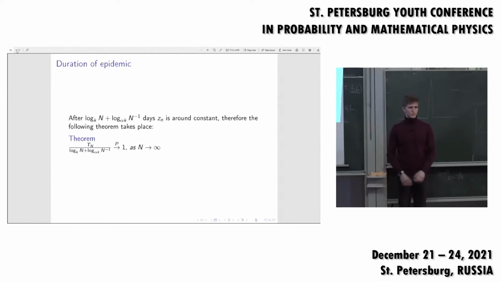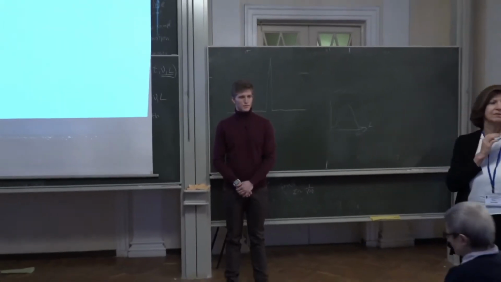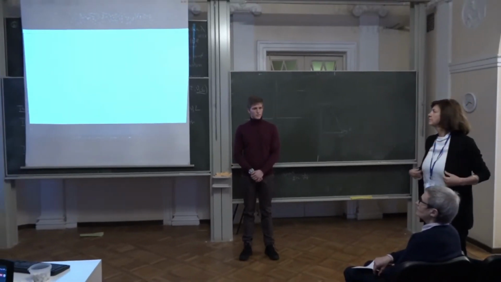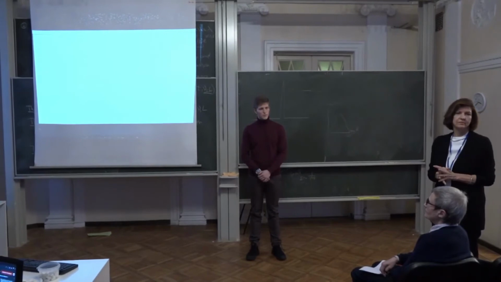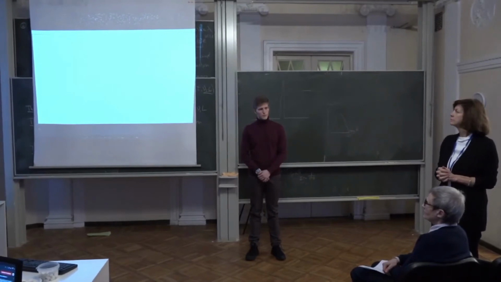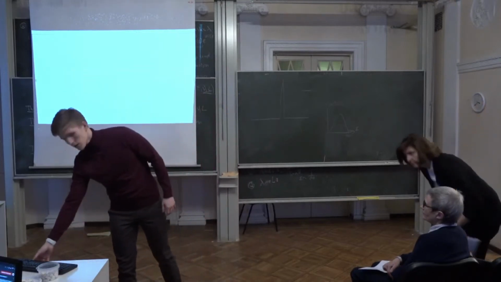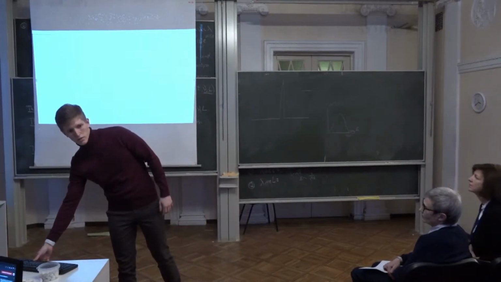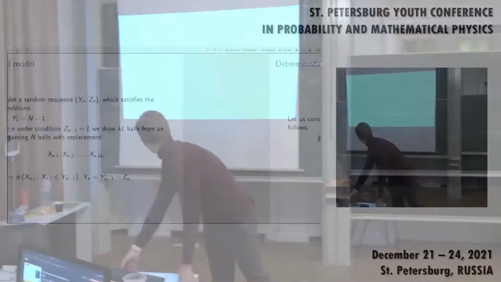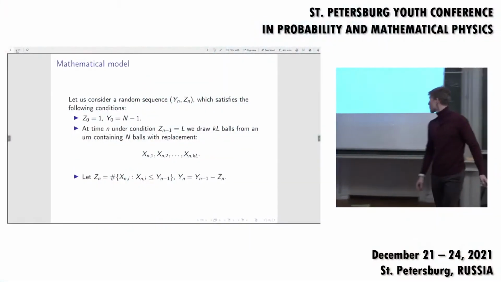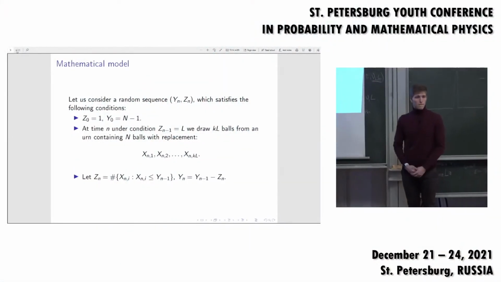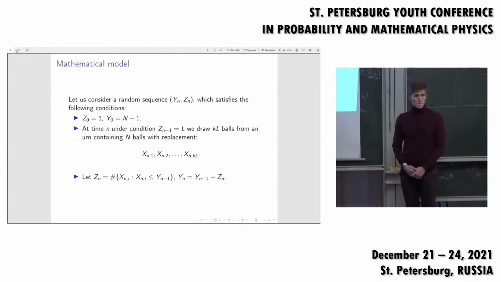Question, please. Could you please clarify for us the development of your random process? Return, please, to the definition of Yn. Stochastic or deterministic? Stochastic. Of course I can. Could you please add some words about the nature of this model?